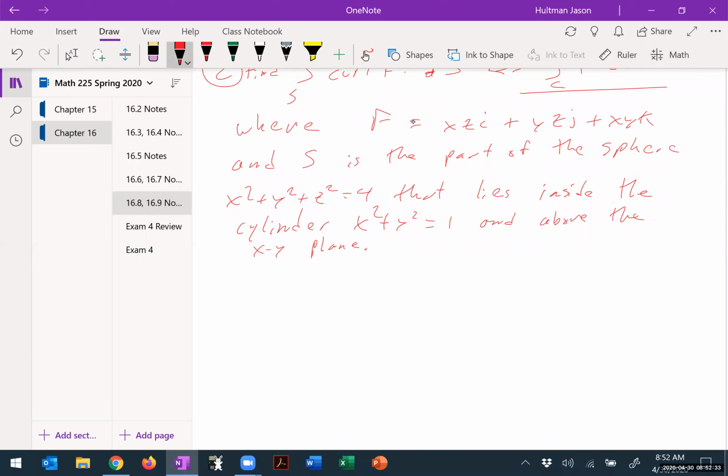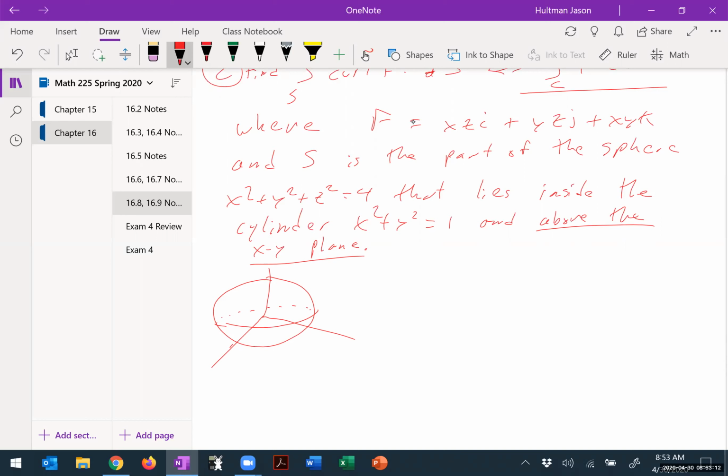So what is this looking like? Well, if we have the sphere, and we want this thing to lie above the xy plane, what are we really taking? We're really taking the top hemisphere. Does that make sense? If the surface is above the xy plane, then we just take the top hemisphere.